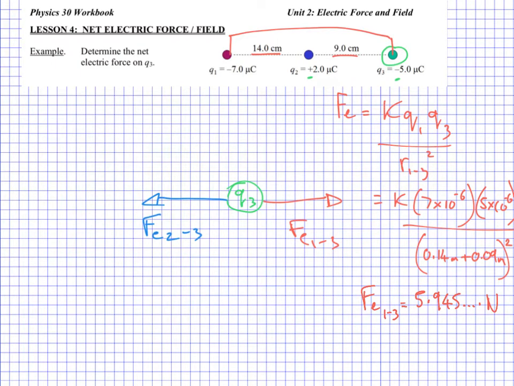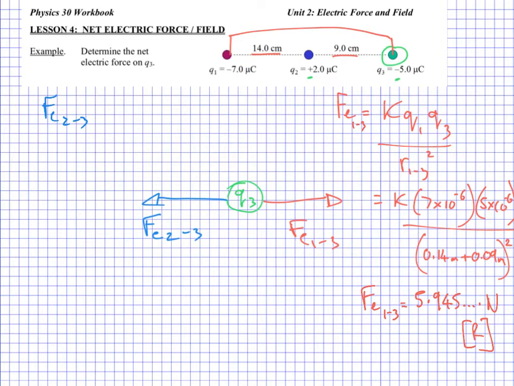And that's obviously to the right. Now I'm going to do the exact same thing on the other side, with the vector arrow pointing to the left of the page. So this is FE 2 to 3. Oh, I forgot to put my 1 to 3 on there.